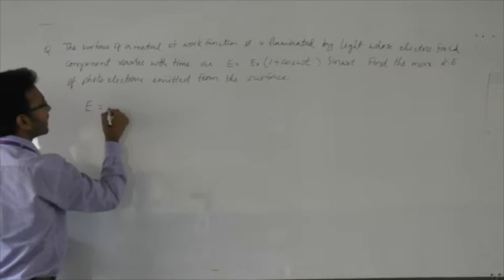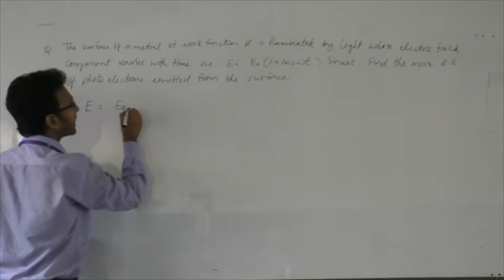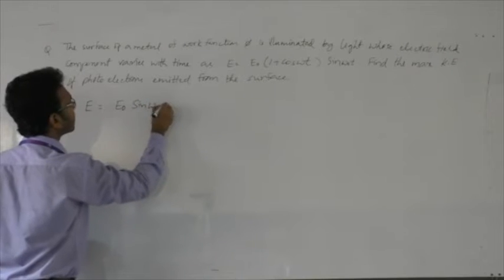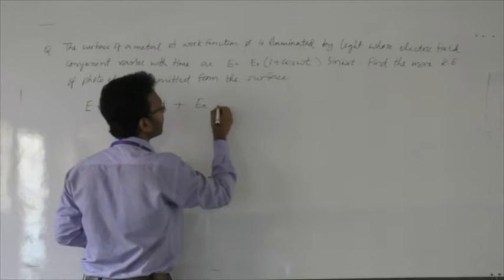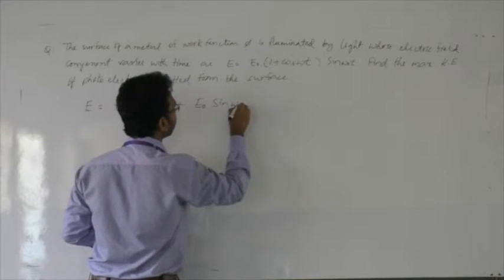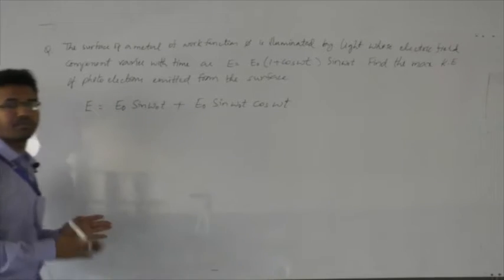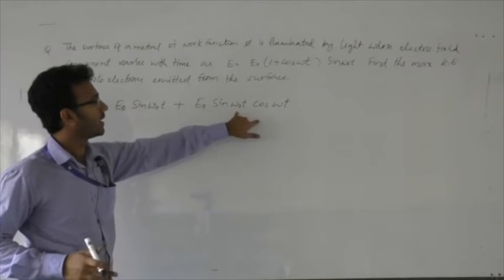E is E naught sin omega naught t cos omega t. So what? I'll write E naught sin omega naught t plus E naught sin omega naught t cos omega t. So what I can do, this is sin A cos B form.